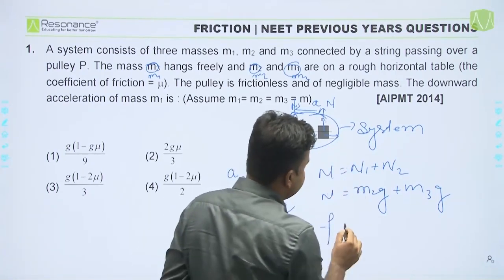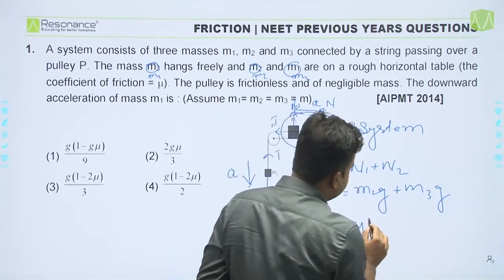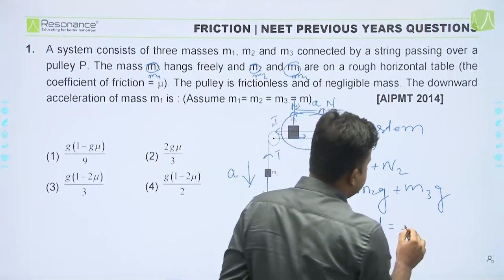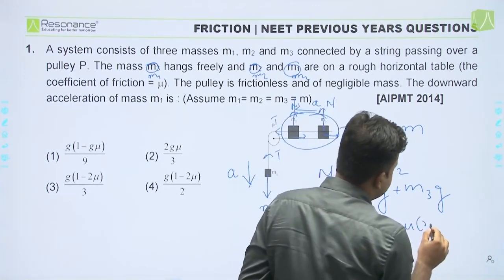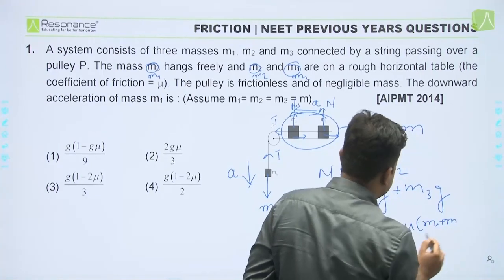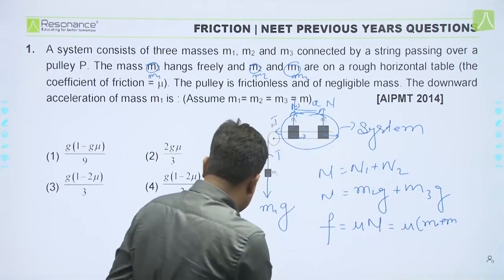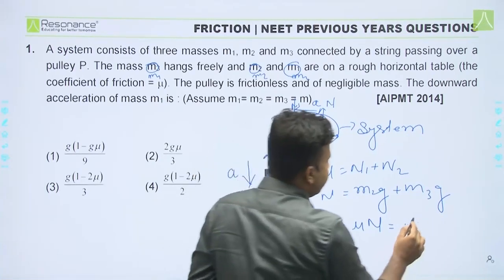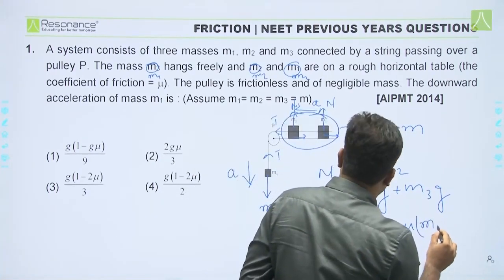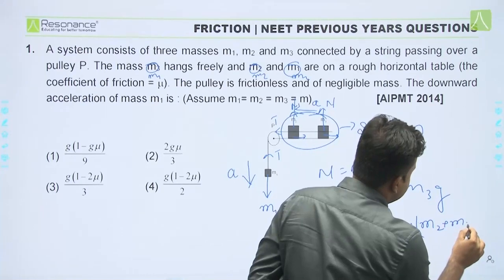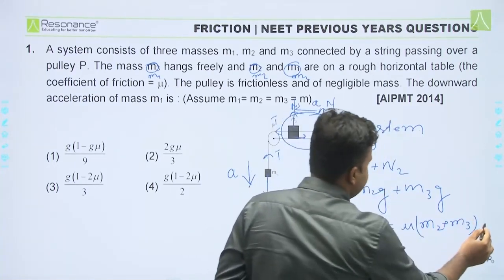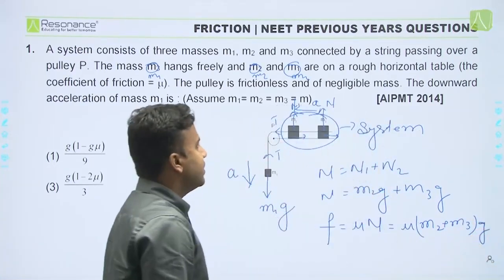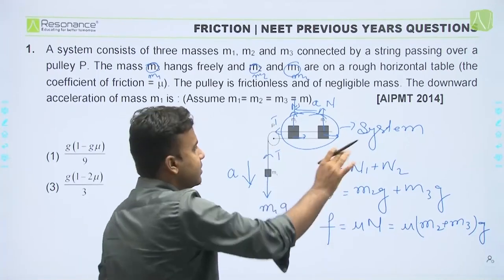So the total friction force experienced is mu into N, which we can write as mu into M2 plus M3 into G. This much friction the system will experience in this direction.